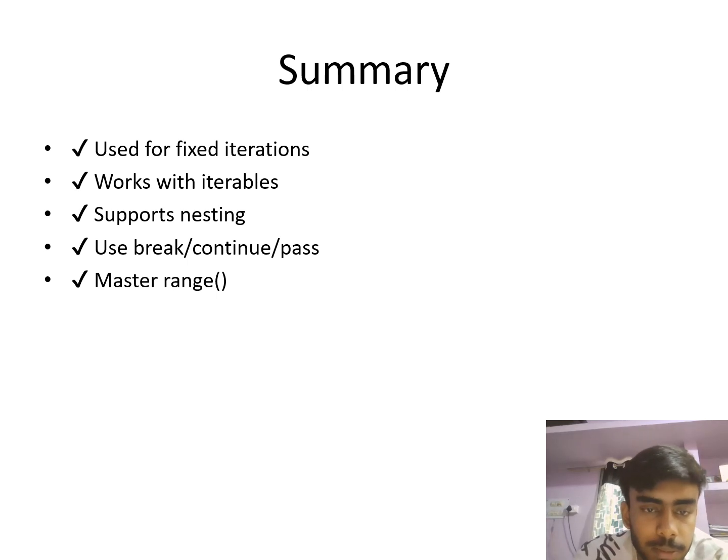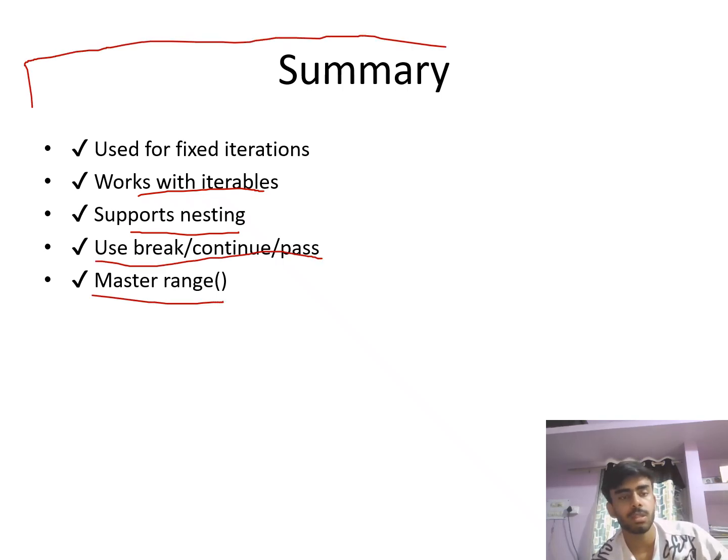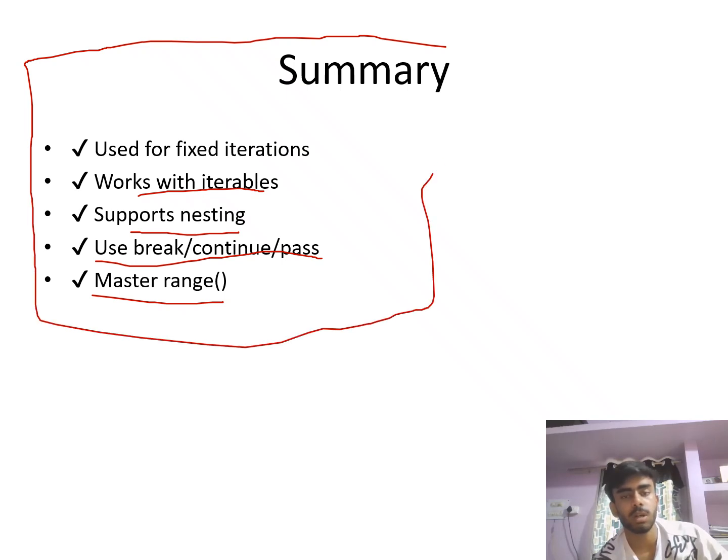Here is the summary of your for loop. It is used for fixed iteration, we work with iterables, it supports nesting, use of break, continue and pass, and master range. This is the summary of this topic, for loop.